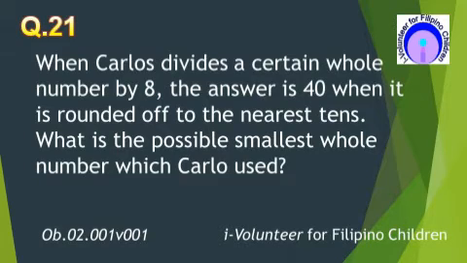I repeat, when Carlos divides a certain whole number by 8, the answer is 40 when it's rounded off to the nearest tens. What is the possible smallest whole number which Carlos used? Your timer starts now.